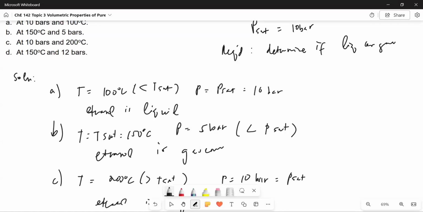Okay, so moving back to the lecture, as I've mentioned before, the gas is used to refer to a substance that's normally in gaseous state at ordinary temperature and pressure. So if you go back to the slide right here, this region on the right would refer to the gas region.